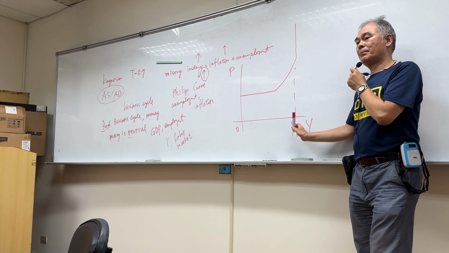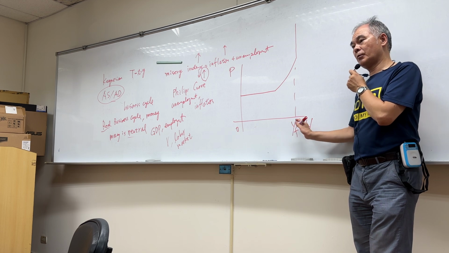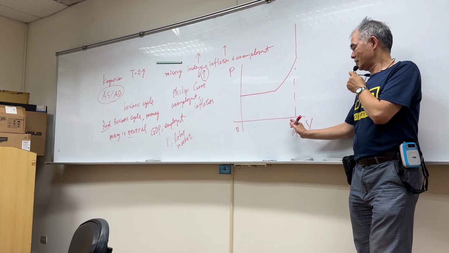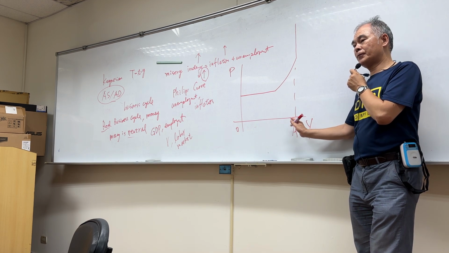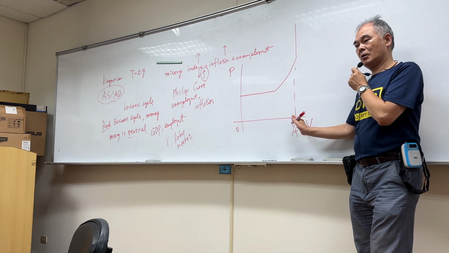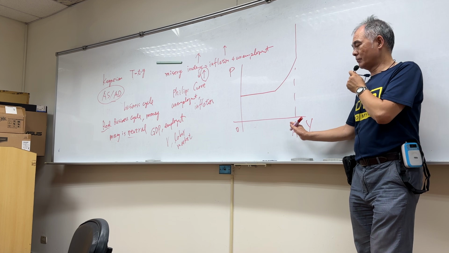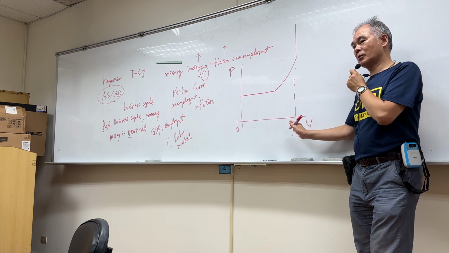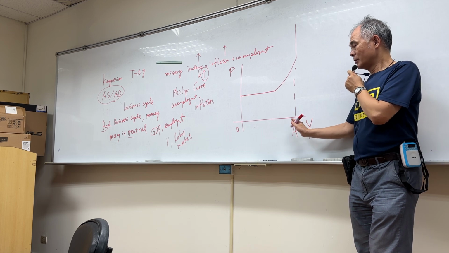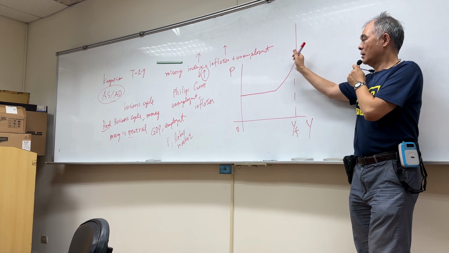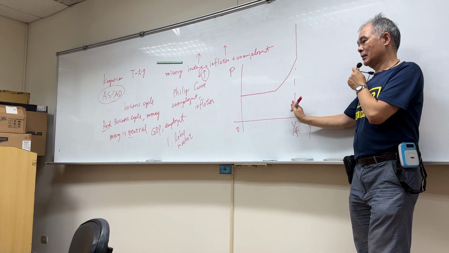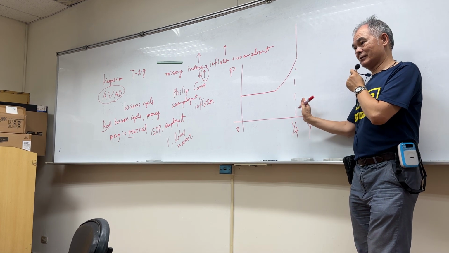You cannot produce any more beyond this point because at this point, it is already at full employment. Almost everyone is working. It is at the natural rate of unemployment and all the resources are employed. So this is the limit. The economy cannot produce any more than this.